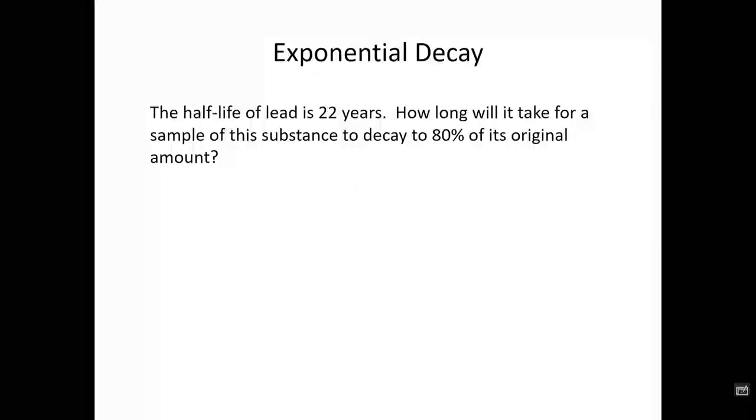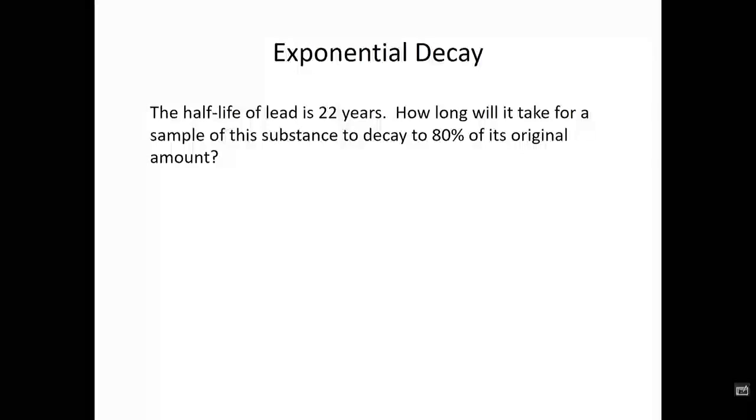Our next example involves exponential decay. All right, so what we have here, the problem is the half-life. And what do we mean by half-life? The half-life of a substance is the time required for half of the substance to decay or disintegrate.